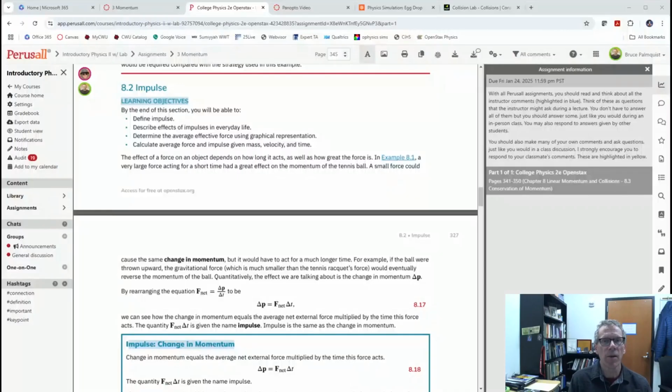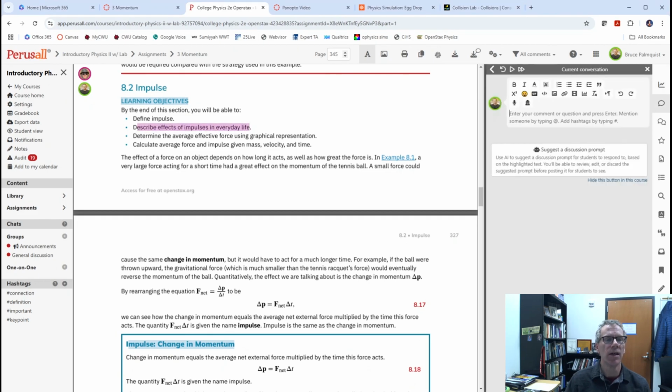I want to take a little time and talk about one of my favorite applications of momentum change, and that is the impulse momentum rule. So first off, section 8.2, the third reading assignment, is about impulse, and one of the big things about this is where momentum change really relates to real life.